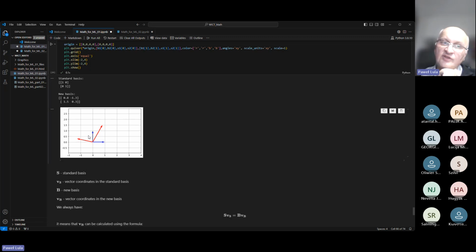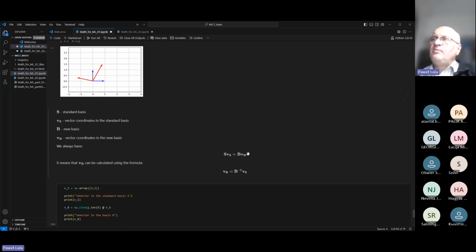These axes are not perpendicular. But sometimes we can have coordinate systems with non-perpendicular axes. And we want to express the position of this vector in this new coordinate system.